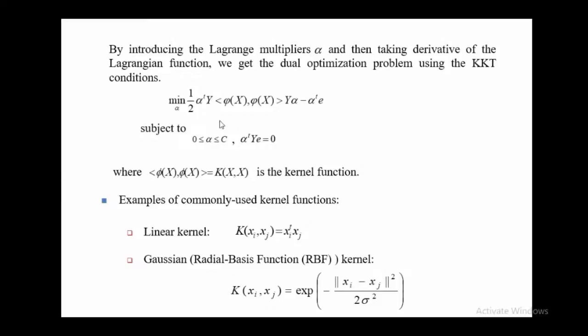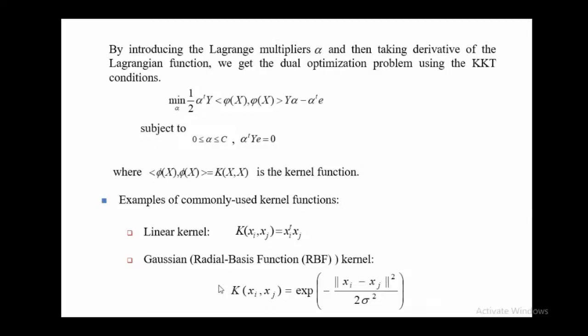That is the advantage. There are many kernel functions available in the literature, and most authors use the radial basis function, also called the Gaussian kernel, which is given by this.